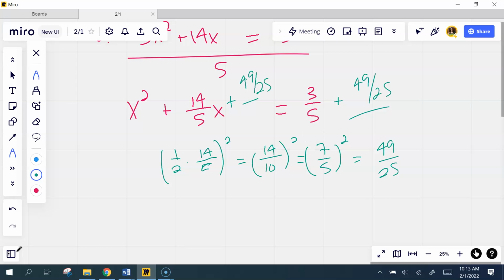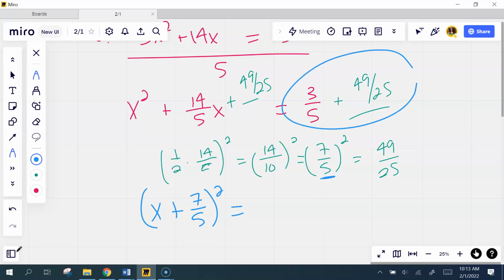When I factor the left, square root of the first sign, and the square root of the last, which is 7 over 5. Again, I'm doing this strictly on my calculator. 3 over 5 in parentheses plus 49 over 25 in parentheses.